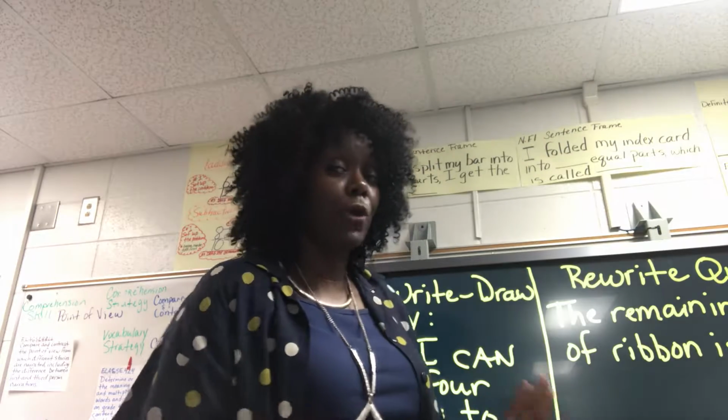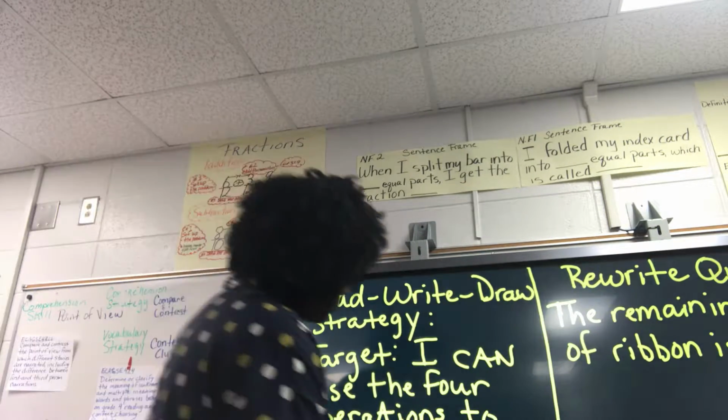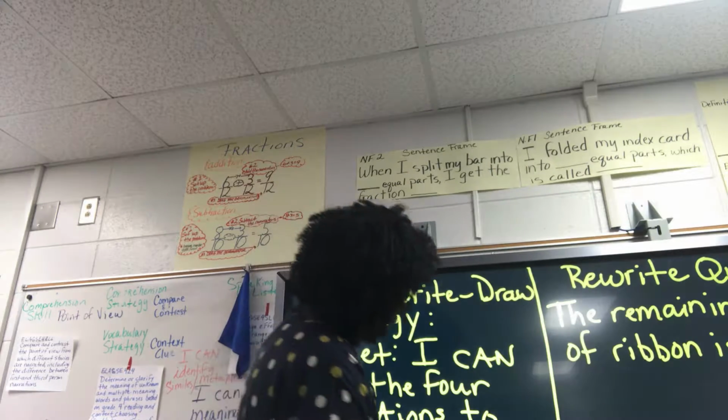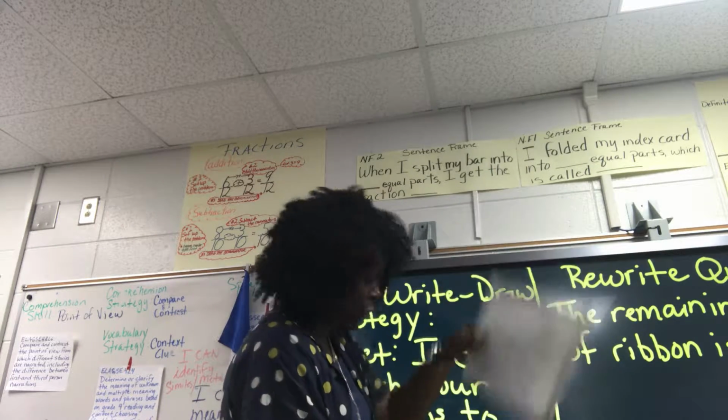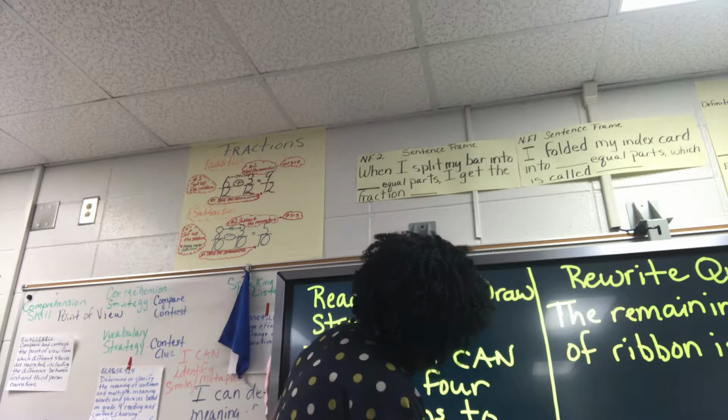So let's model the problem now. Again, I'm going to write down what we're using because I'm not going to write the whole problem. You have your worksheet that you can refer to.